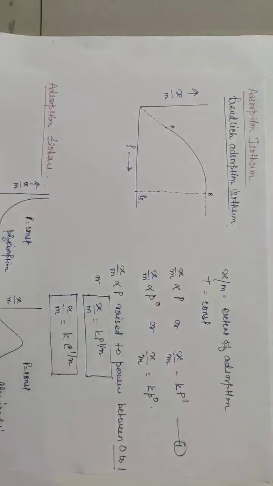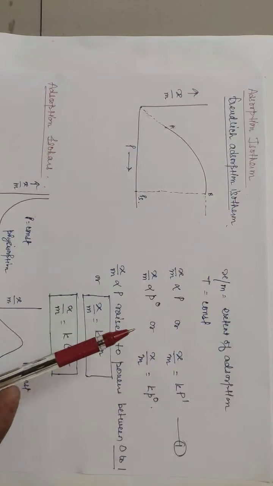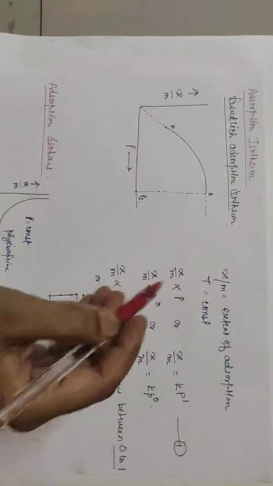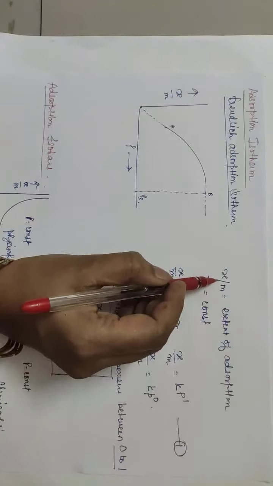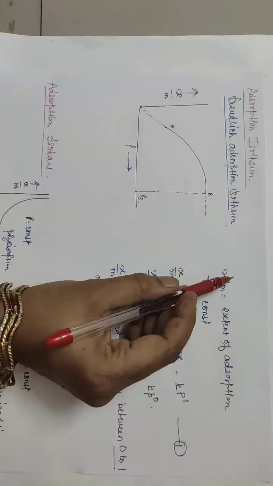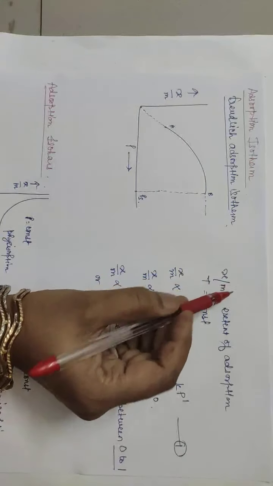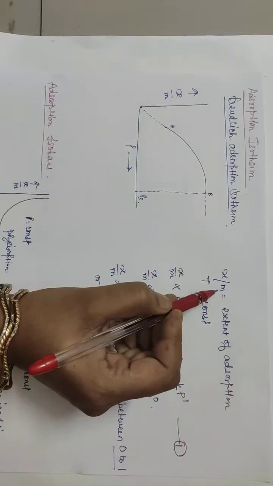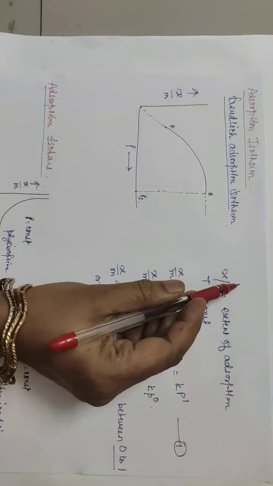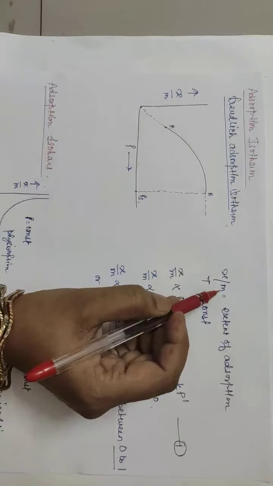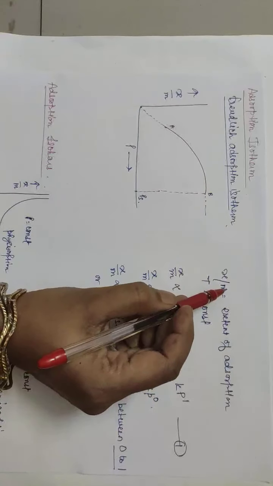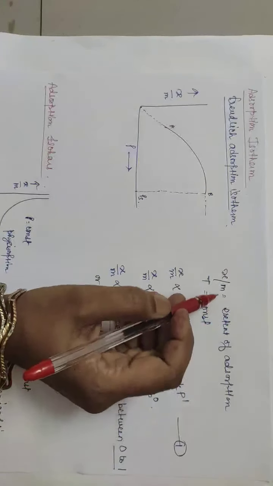Now, the extent of adsorption is expressed as x by m. x is the mass of adsorbate and m is the mass of adsorbent. It is the mass of gas adsorbed per mass of the surface of the adsorbent.